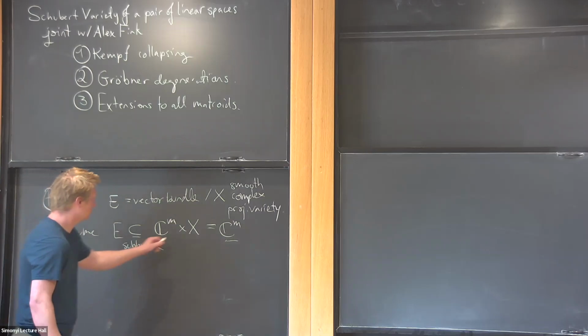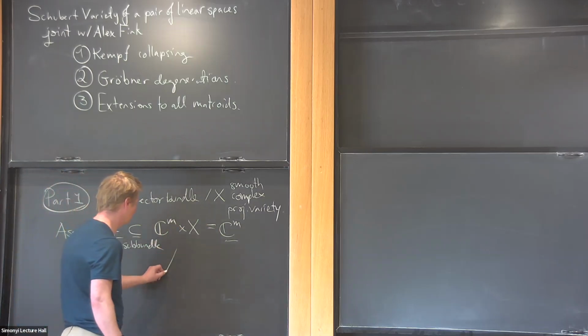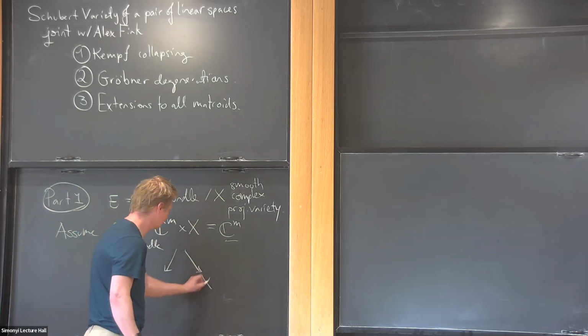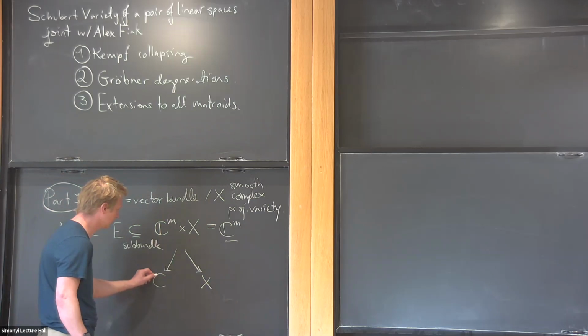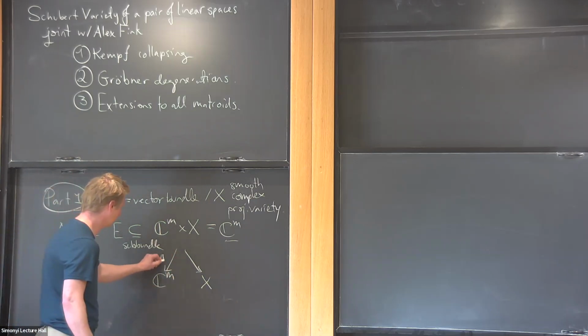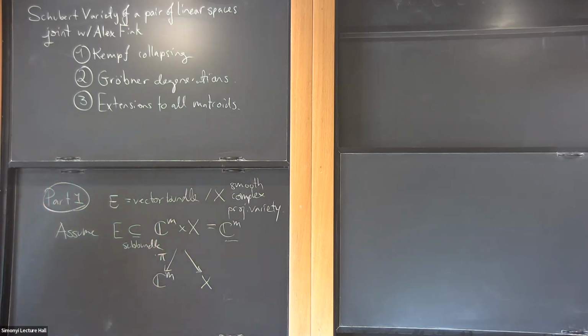This product, or this vector bundle here, the trivial bundle, it comes with two projections. It has a projection to X, and it also has a projection to C^M. I'll let I denote the projection to C^M.